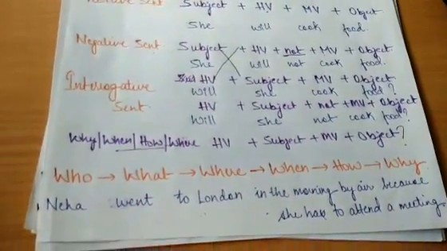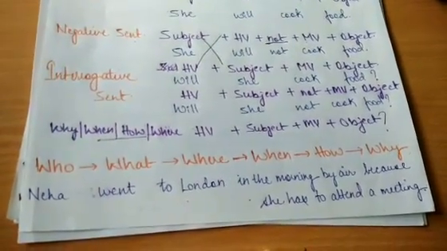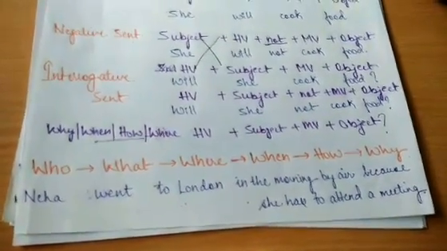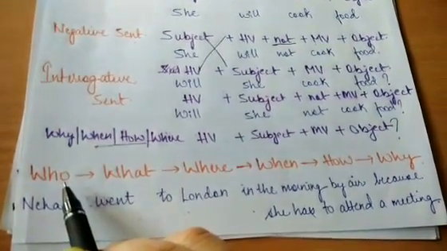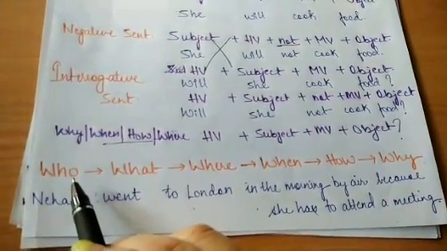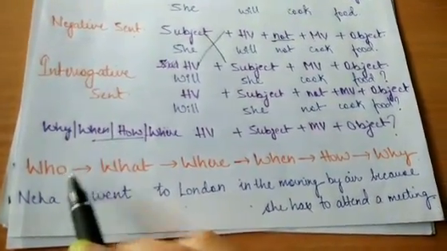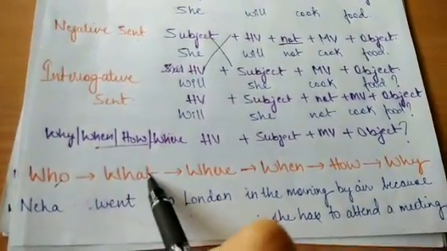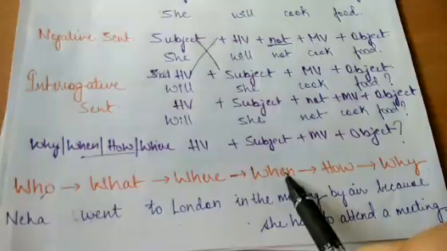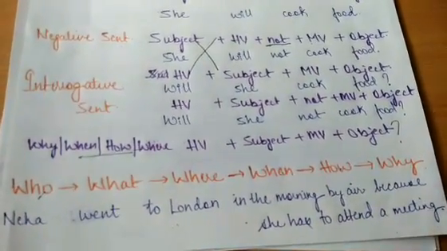Then at last we studied that if we want to add certain elements to our sentence, or describe our sentence with respect to place, time, reason or the method of doing, the sequence we follow is who, what, where, when, how and why.